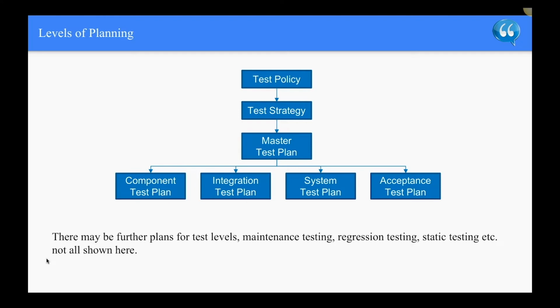It's all a part of the planning. There might be further plans for test levels like maintenance testing, regression testing, static testing, etc., but I'm not showing them here.